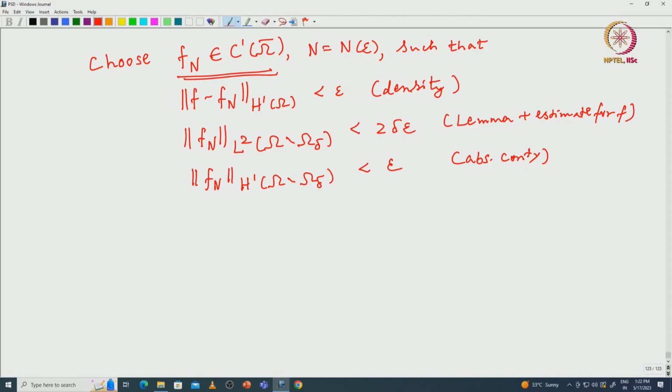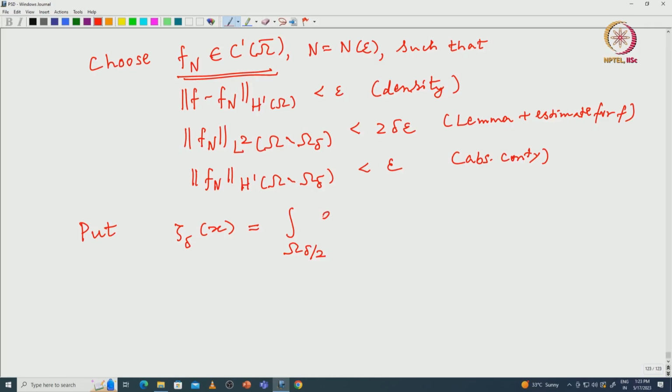Okay. And again this is a standard technique. So, you take this Fn and use a cutoff function, okay, to make it a function with compact support. Okay. So, here again you are seeing these modifiers, zeta delta x. Okay. So, this omega delta by 2. Okay. So, we are still going inside there.